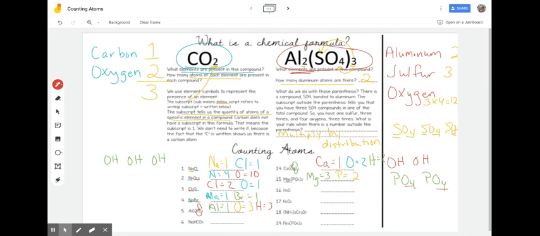So I have 2 of them. So 2 times 4 equals 8. So oxygen equals 8. So if I go over here, remember you could have distributed. 2 times 1 is 2. 2 times 4 is 8. All right, that leaves number 6, 16, 17, 18, and 19.